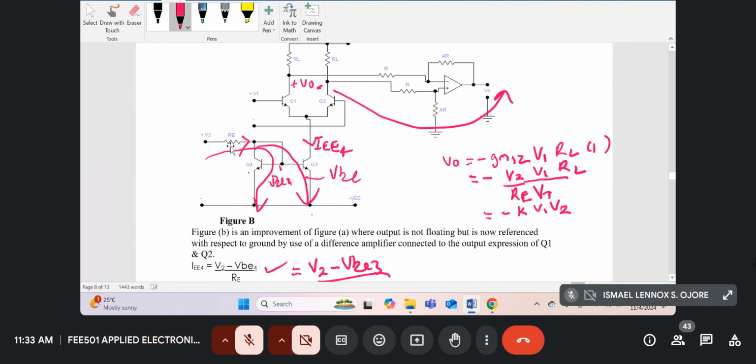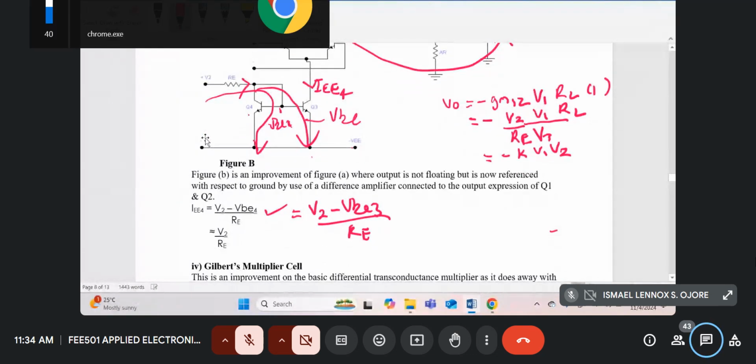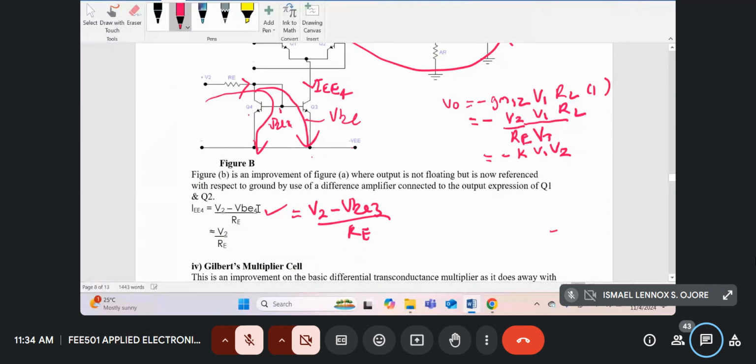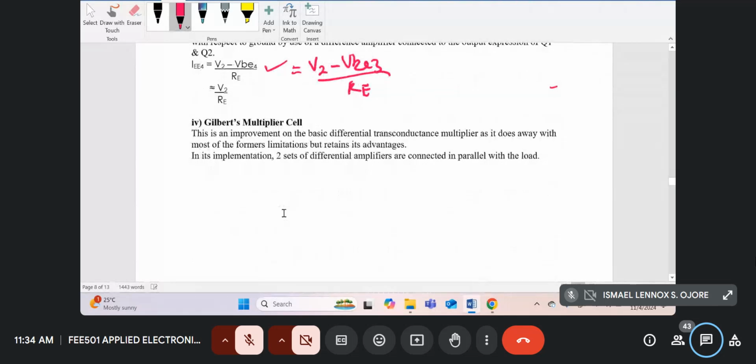So this is still a two-quadrant multiplier if V2 is a DC. And it will give rise to large errors because the signal being multiplied is actually V2 minus VB4 over RE.